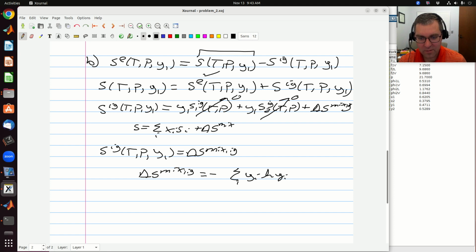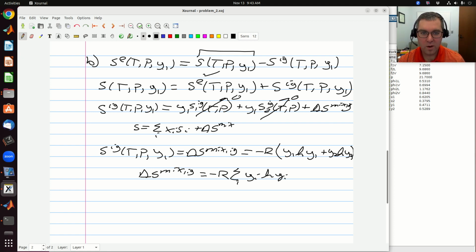So this is a negative to make delta S of mixing positive. Then I multiply by R just to give myself the correct units, since R and S have the same units. So for my binary mixture, this is going to be minus R times Y1 log Y1 plus Y2 log Y2.